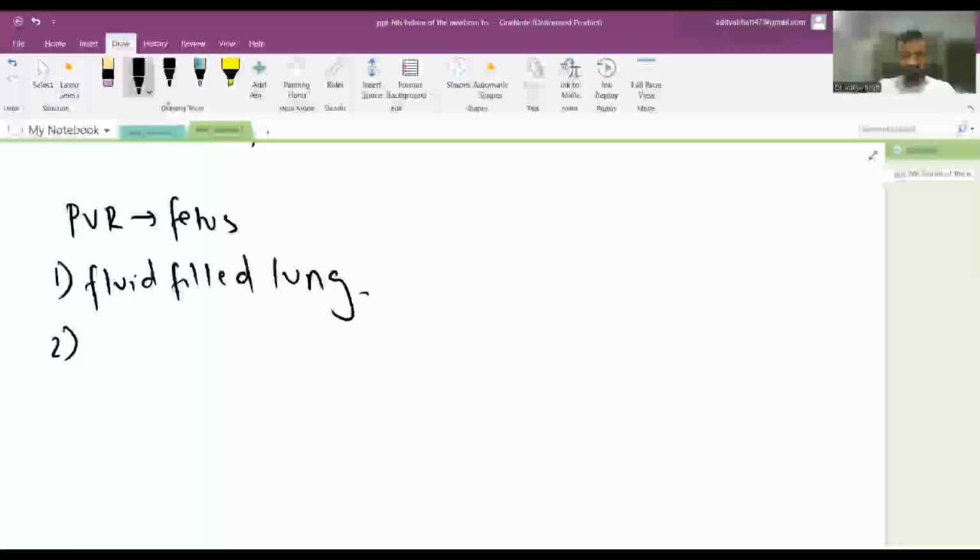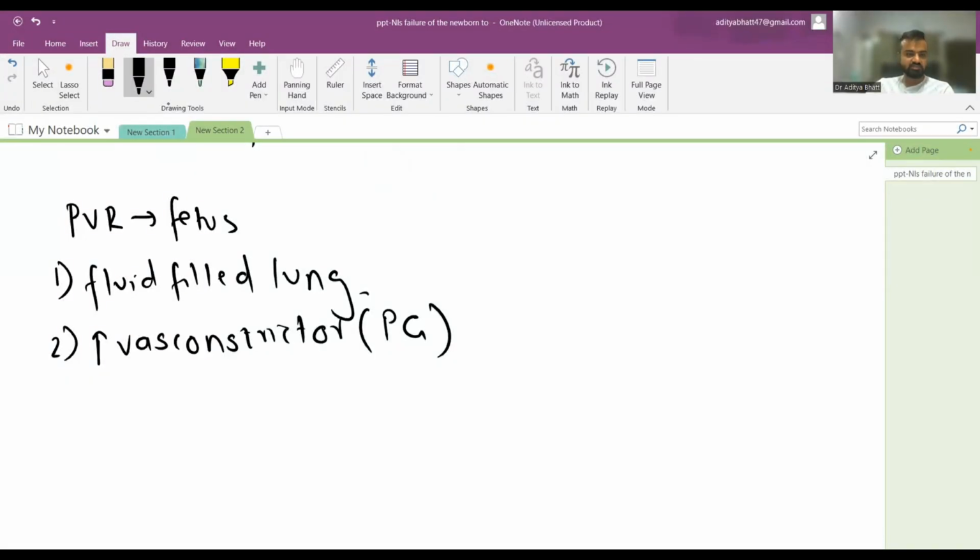Second, there are increased vasoconstrictors like prostaglandins and the leukotriene pathway, so there are increased vasoconstrictors in the pulmonary circulation. And also the serotonin-mediated pathway.